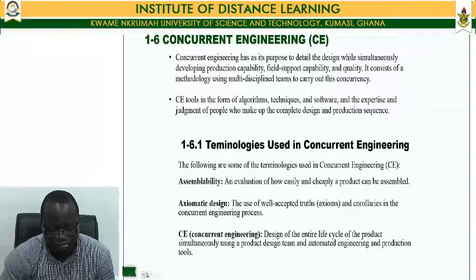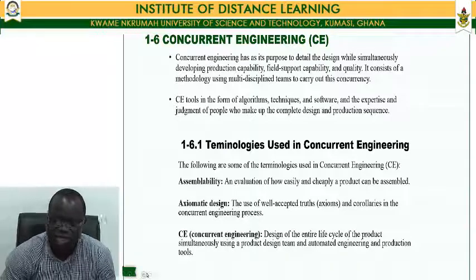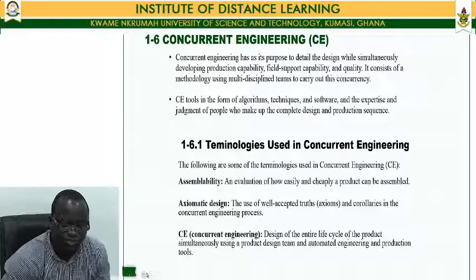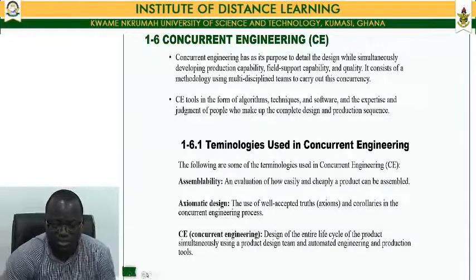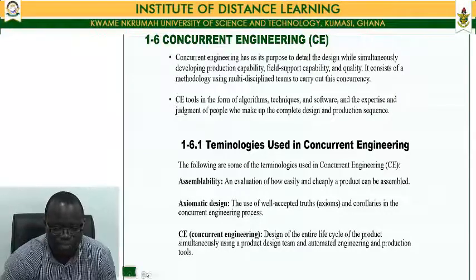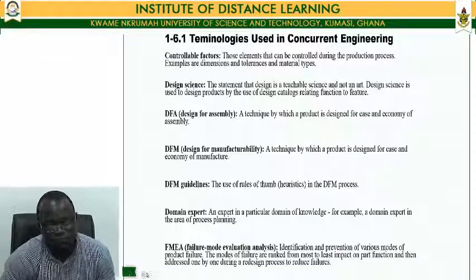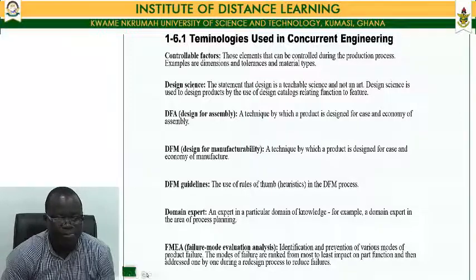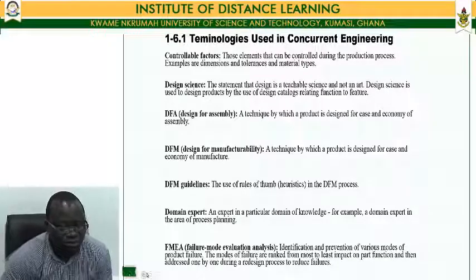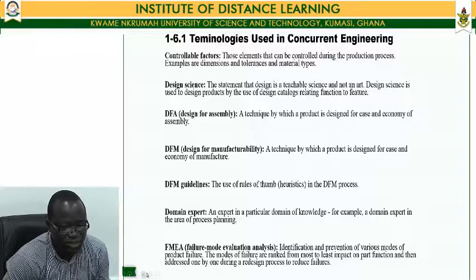We have, of course, concurrent engineering itself as a technology. It is looking at the entire life cycle of the product simultaneously using the design team and automated engineering and production tools, as well as the other teams, the marketing and all the other teams involved in manufacturing. Now, if you move on into the terminologies, I'm just going to elaborate on a few.